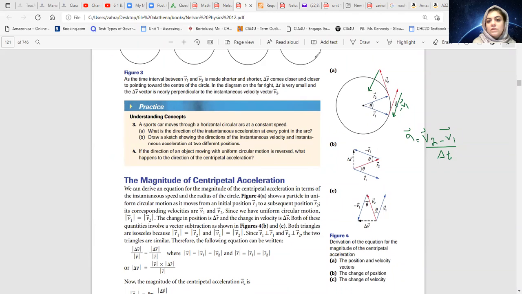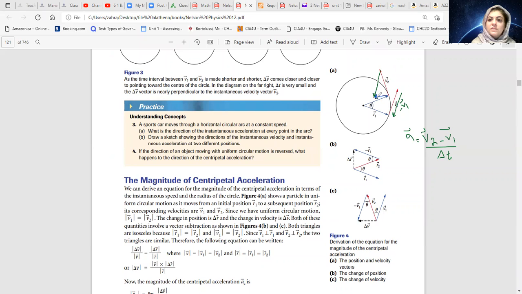I think I need to make it better. Let's say this is the same magnitude. Now from the beginning to the end of that, right? That would be the addition of these two vectors, from the beginning to the end.